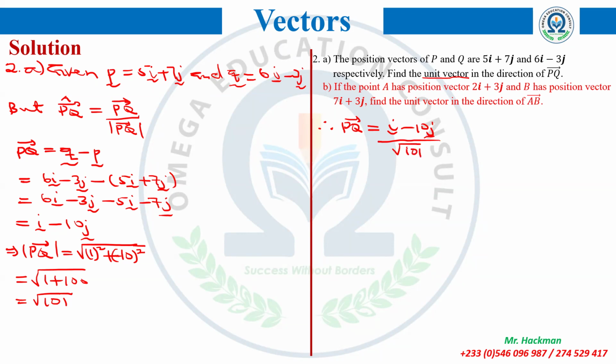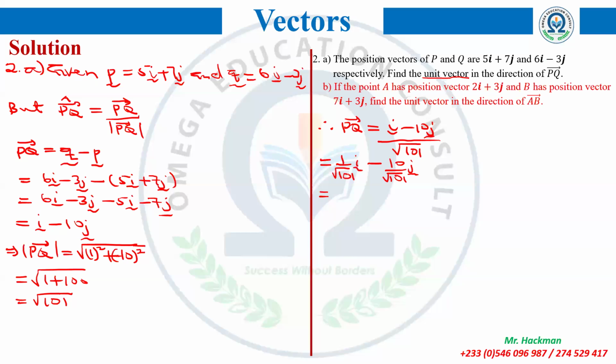As you mature, you can move from here to this straight away without showing the multiplication. Let me do the separation first, so that you also know that you can use this approach. This will give you I tilde, then minus 10 over root of 101 J tilde.